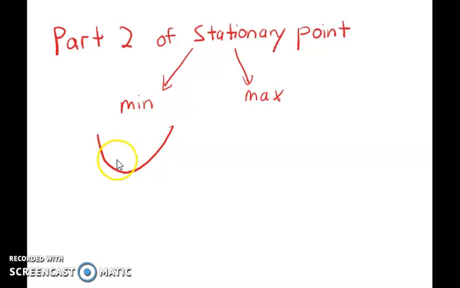You just remember it as a smiling face, and this is the stationary point x1 and y1. However, the maximum stationary point will be in a sad face. Let me draw it more properly. It will be like this, and here is the stationary point, x2 and y2.